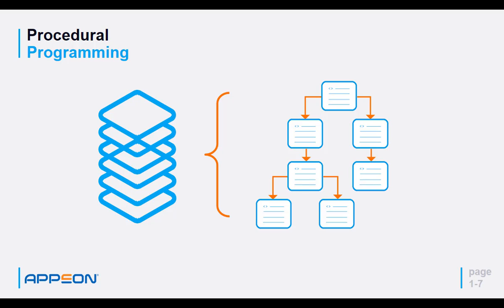From a procedural programming point of view, or traditional programming point of view, this is what we used to do when we had programming languages like BASIC, COBOL. On the right-hand side, what we're looking at here is a flow between different screens.